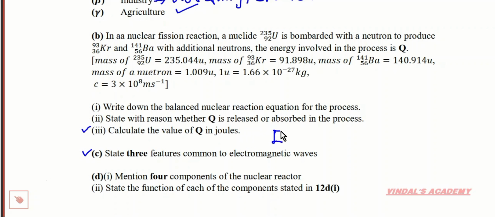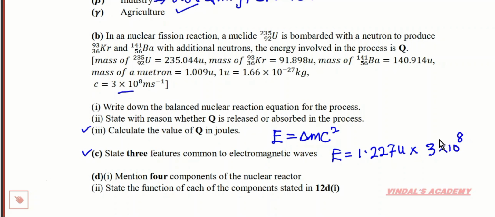I'm going to use Albert Einstein's equation, which involves the change in mass, the mass defect. So the energy is going to be the mass we got there, 1.227 U, times c squared, where c is 3 times 10 raised to 8, all squared.